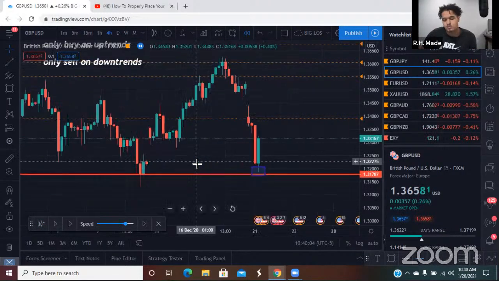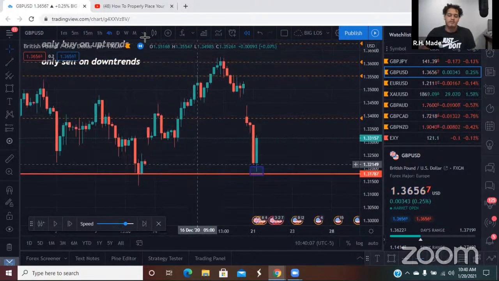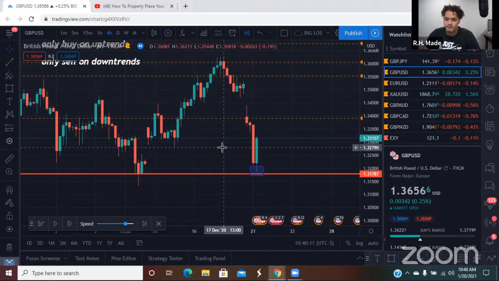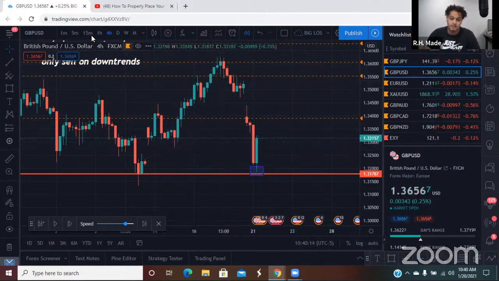Okay, so first and foremost, you can look for your take profit on a smaller time frame, but just know the smaller time frames are for short-term trades. If you find your take profit on a 15-minute time frame, expect it to hit quicker, fewer pips, hit quicker. It's a short-term trade. If you find your take profit on a higher time frame, it's going to be more of a long-term trade.